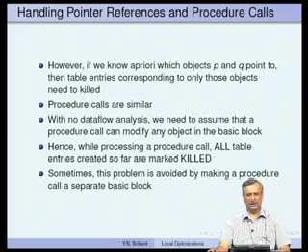So, we have to assume that any variable in the basic block is modified, because we have not carried out any analysis and we have no information about any variable. Hence, while processing a procedure call, all table entries created so far are marked killed. Everything goes, nothing is visible anymore, nothing is useful anymore.